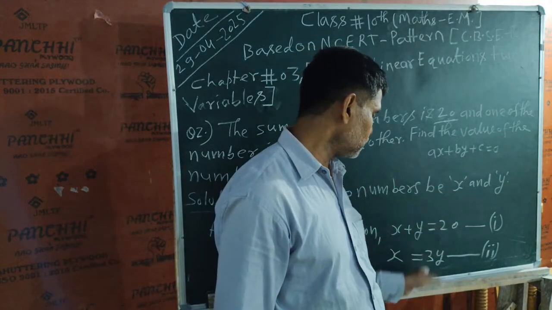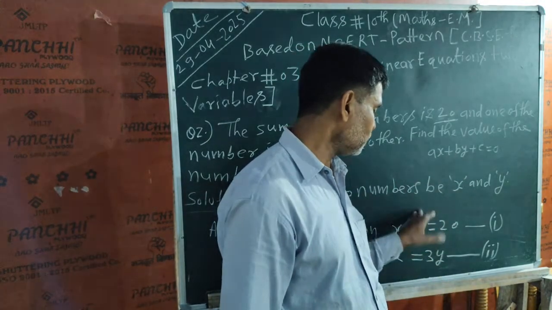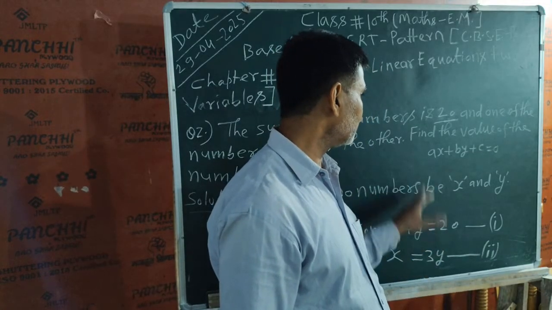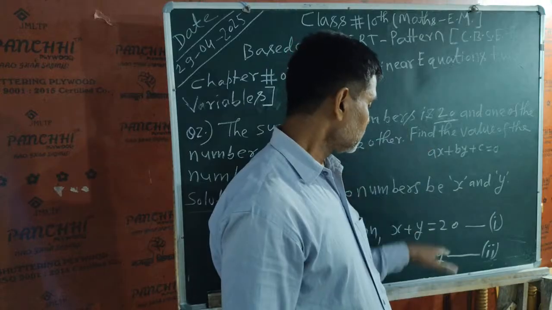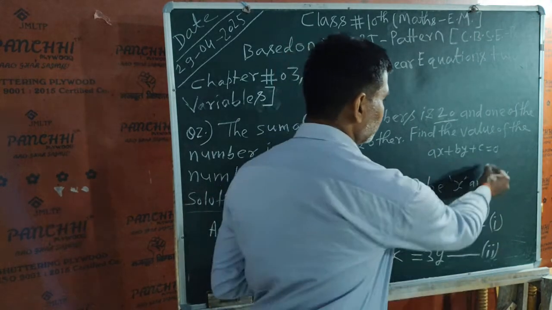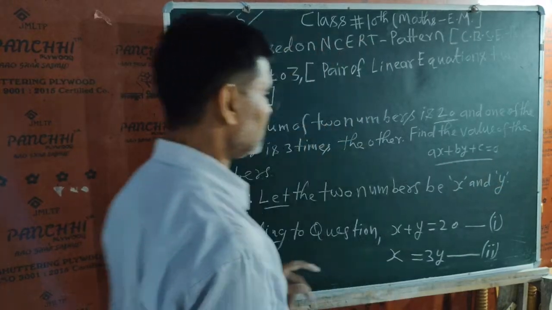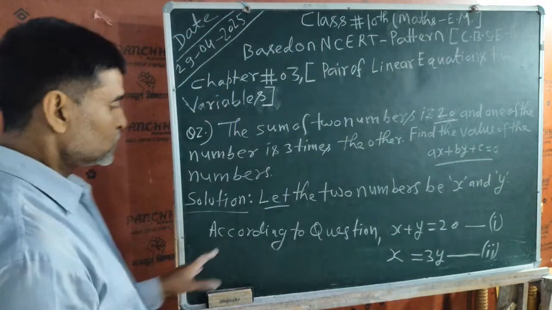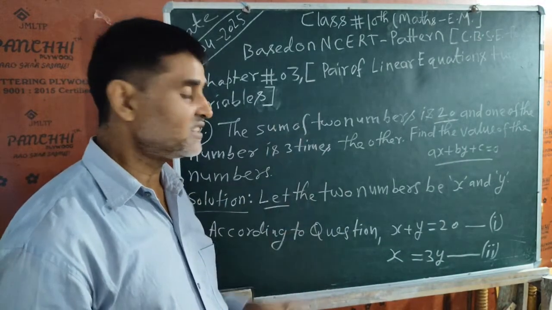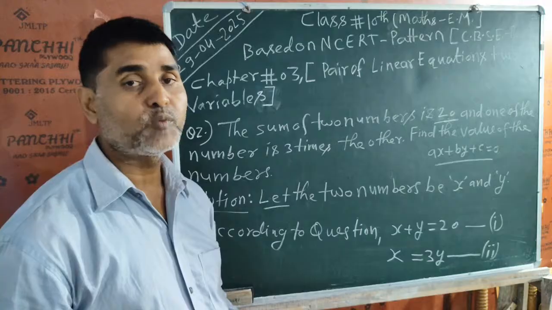So these two equations, these two pieces of information given in this question, I will arrange in this form, that is, the general linear equation in two variables. Okay student, I hope you are understanding properly and also writing this information in your notebook for further revision.